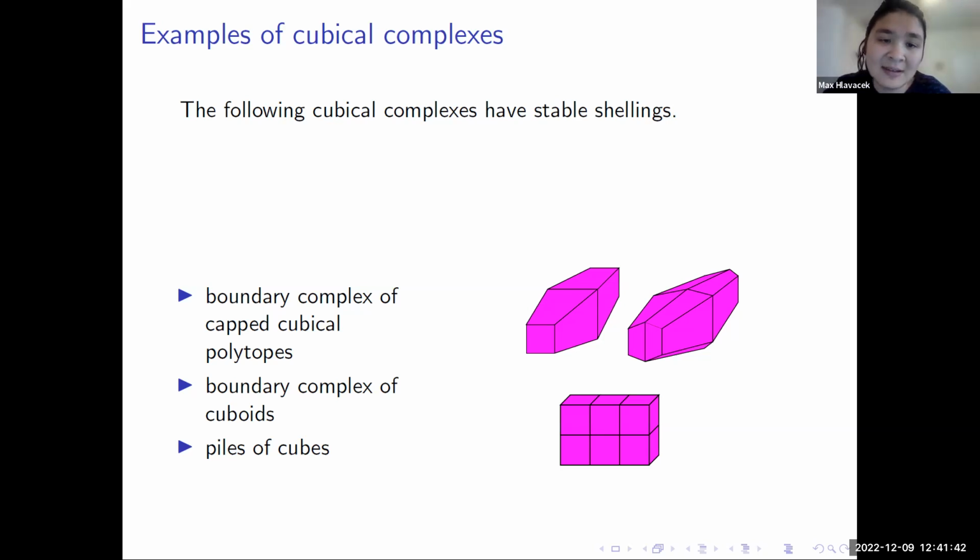So all of these cubical complexes have stable shellings, and thus the h-polynomial of all of these cubical complexes pictured here is real-rooted. So that's as far as we have gotten in that direction with the cubical polytopes.